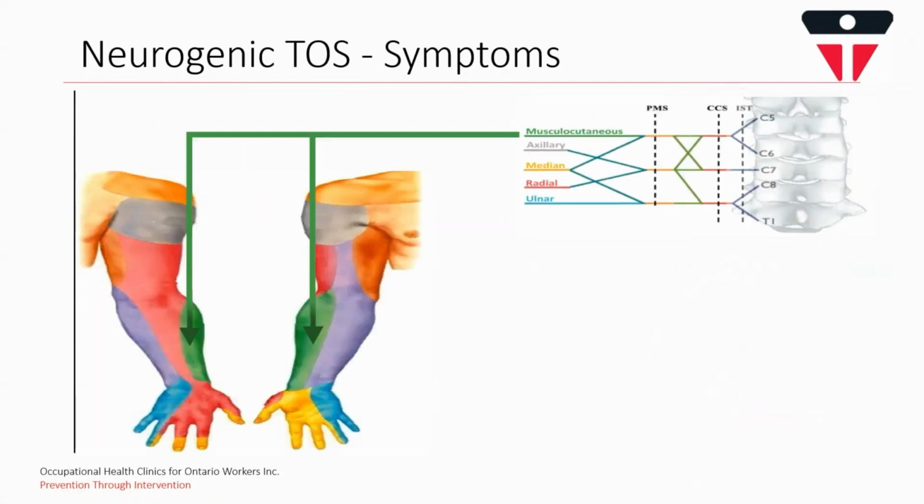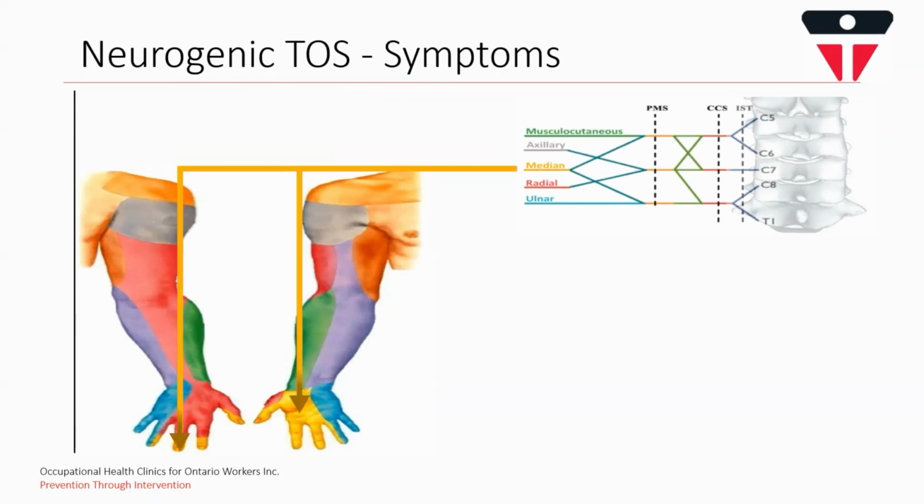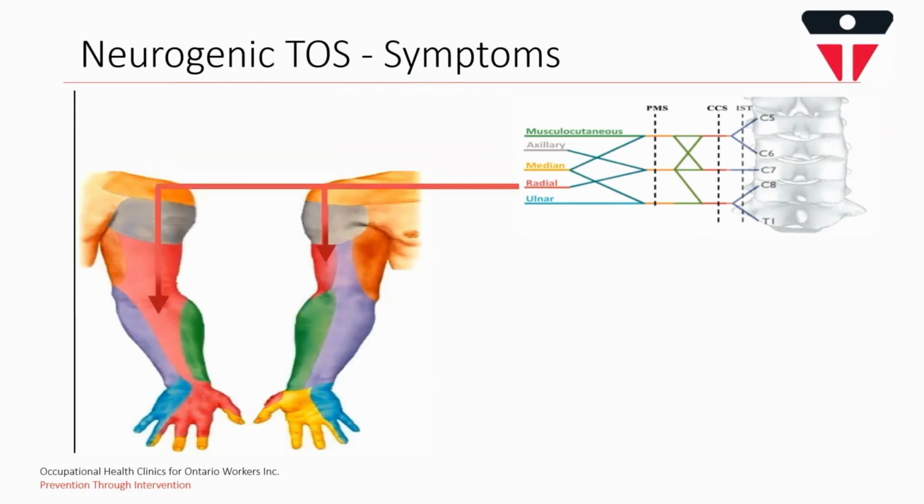For example, musculocutaneous, axillary, median, radial, and ulnar. So where the symptoms will manifest themselves all depends on, again, where it's leaving the spinal cord and which of the three spaces the compression is actually occurring. Because if you notice in the image, there's actually crosstalk between a lot of these nerves as well.